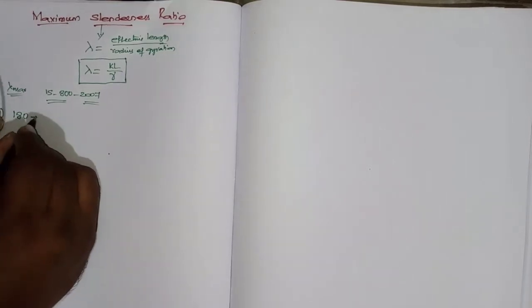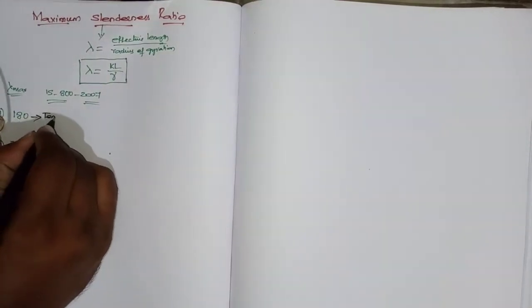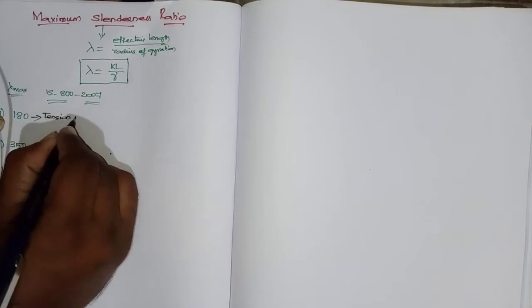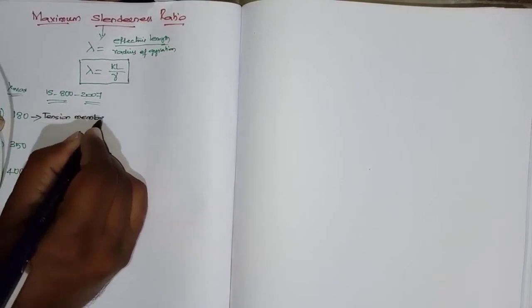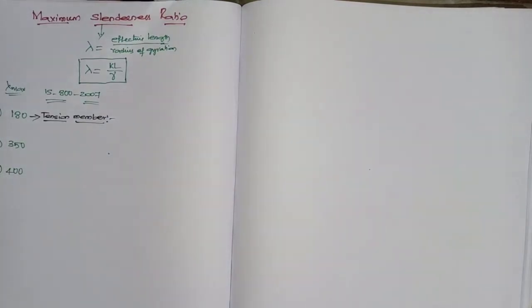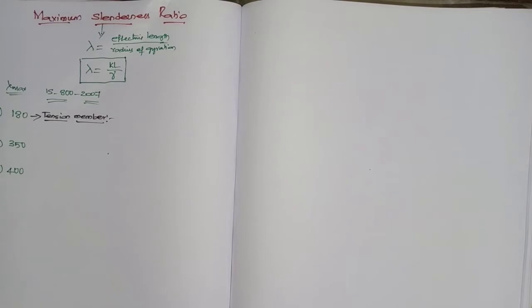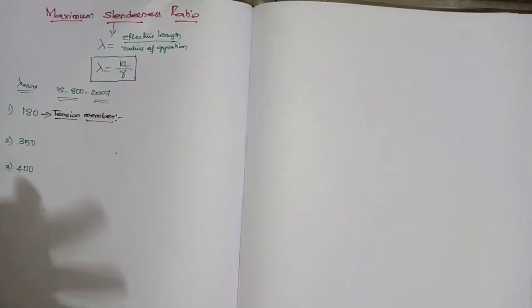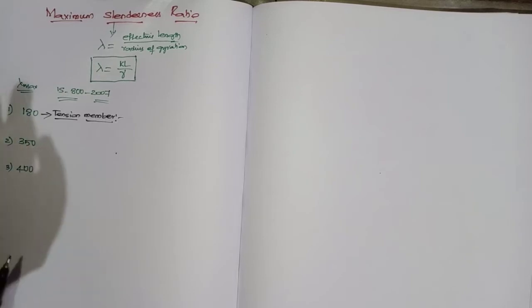Suppose if a member is there, a tension member. Now a member will be failing, any member. Suppose I take an example as a tension member. A tension member will be failing if it exceeds its limit. That is one condition.